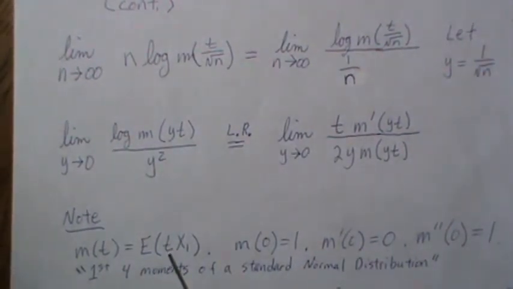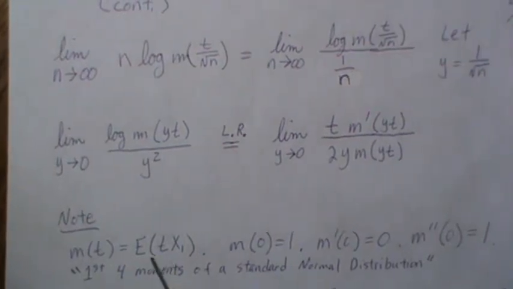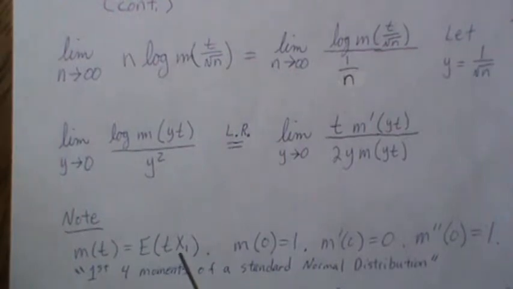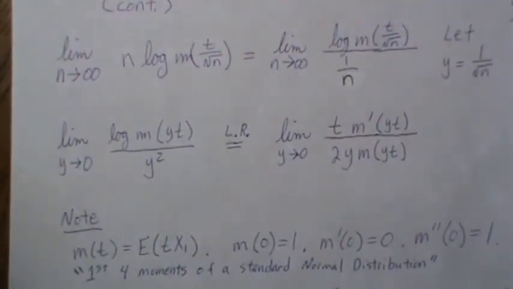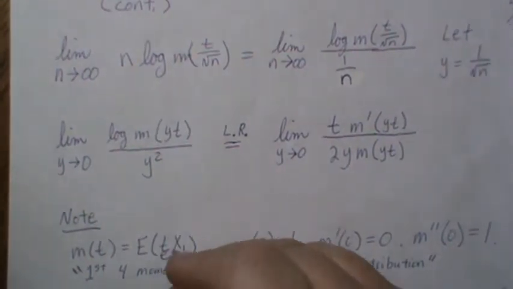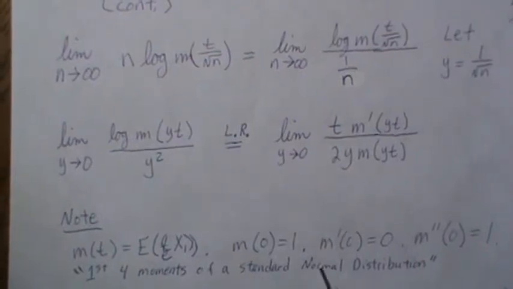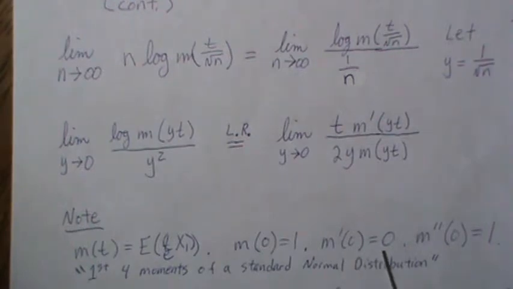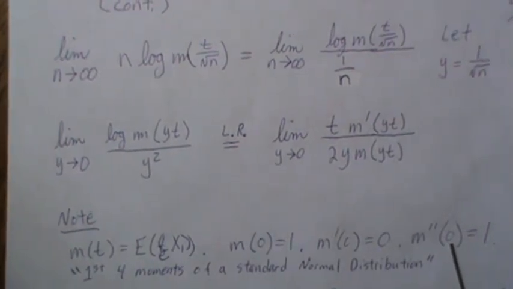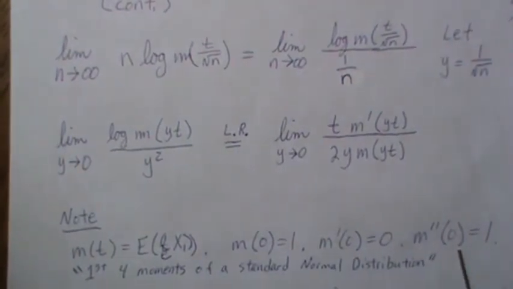The expected value of e to the tx, you get this, and the first moment is the mean of a standard normal, which is 0, and the second derivative is the expected value of x squared, but since the mean is 0, that's the variance.